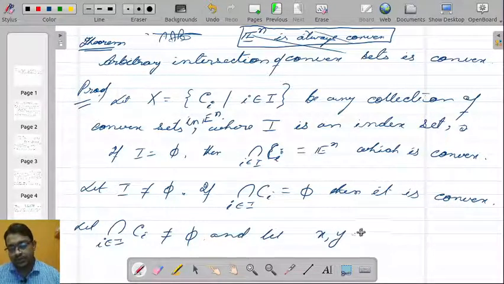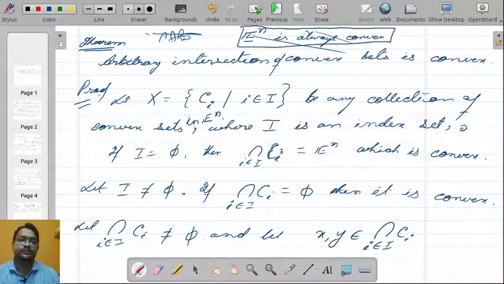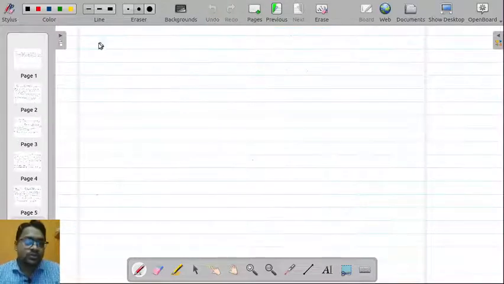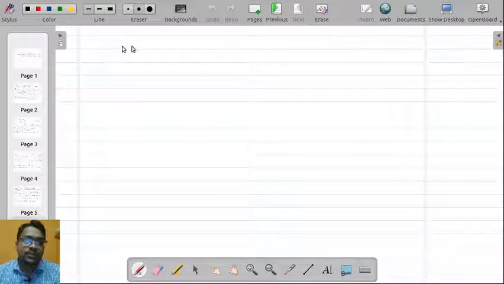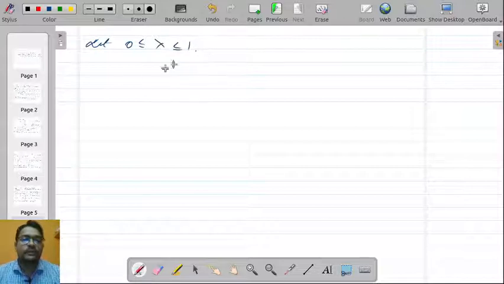So we have to take two elements x and y inside this intersection of Ci, and then we have to show that lambda x plus 1 minus lambda y is in this, where 0 is less than or equal to lambda, which is less than or equal to 1.